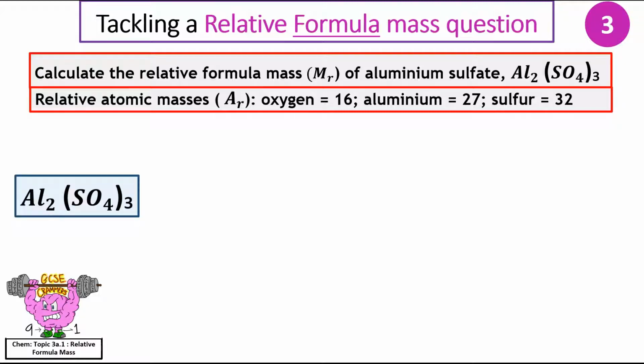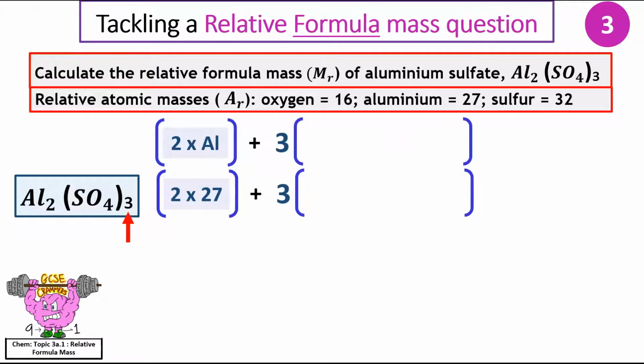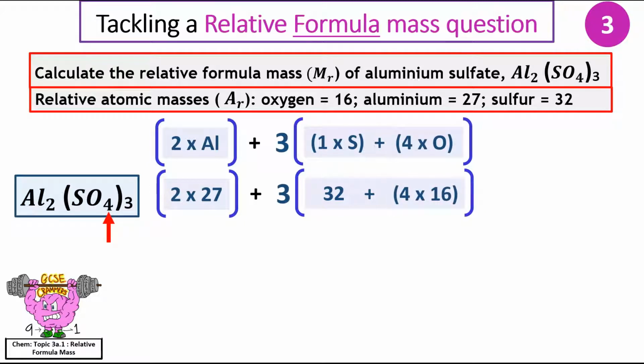Looking at the molecular formula for aluminium sulfate, take note of how many atoms there are of each element. 2 aluminium atoms, which have a relative atomic mass of 2 times 27, plus 3 lots of everything in the brackets, which is 1 sulfur atom, which has a relative atomic mass of 32, and lastly 4 oxygen atoms, which have a relative atomic mass of 4 times 16.